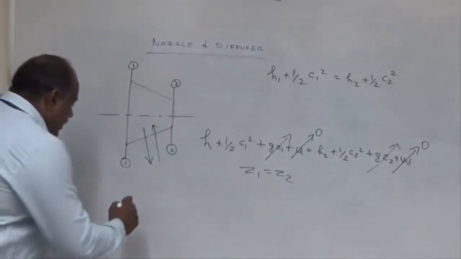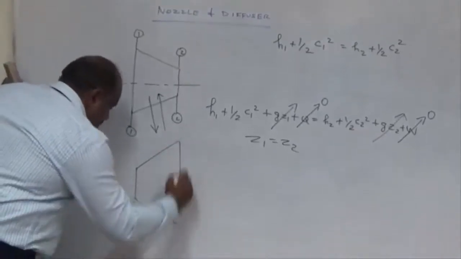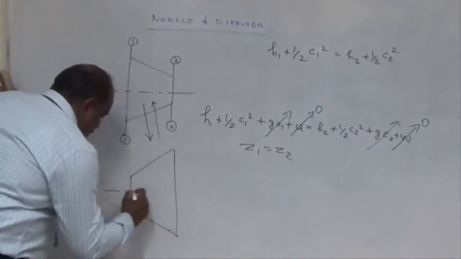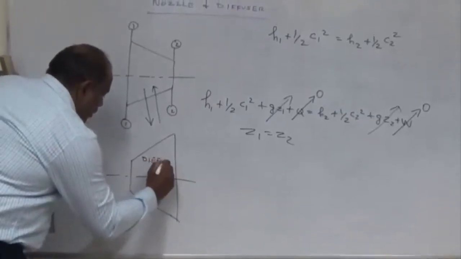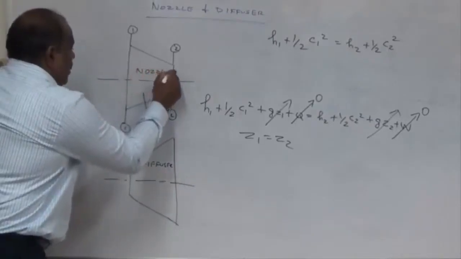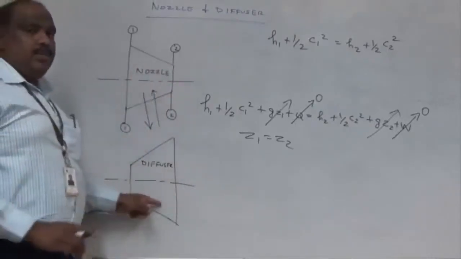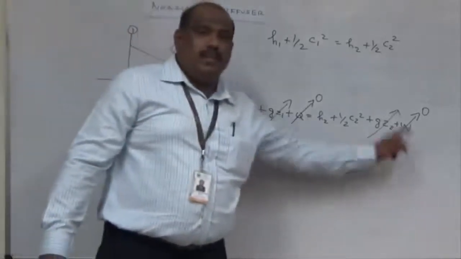Let us take the case of the diffuser. So this is nothing but the diffuser, and this is the nozzle. In a diffuser, what about the work done? It is 0 because there are no moving parts. W equals 0.